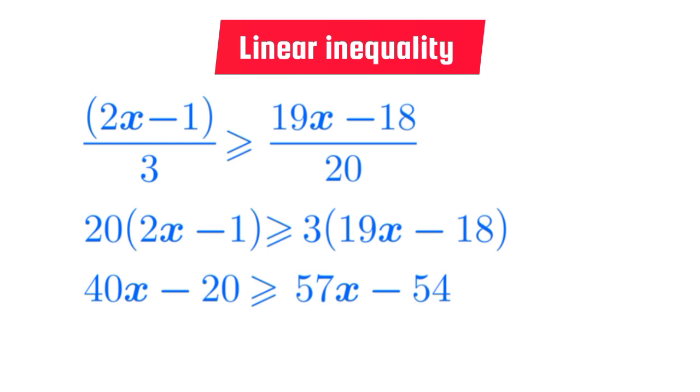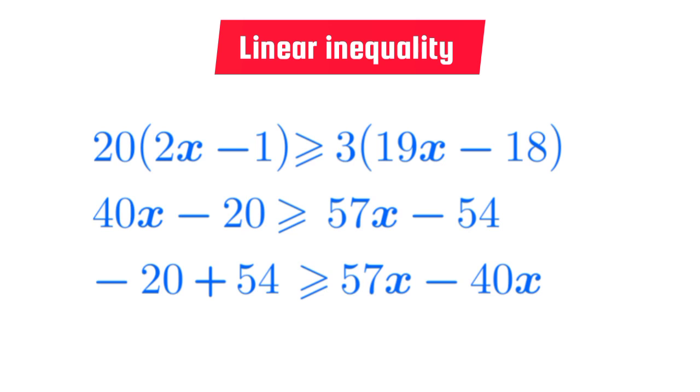Now, the next step we are taking again is to collect like terms, just as we did before. So when we do that, we have negative 20 plus 54 is greater than or equal to 57x minus 40x. So negative 20 plus 54 is going to give 34.